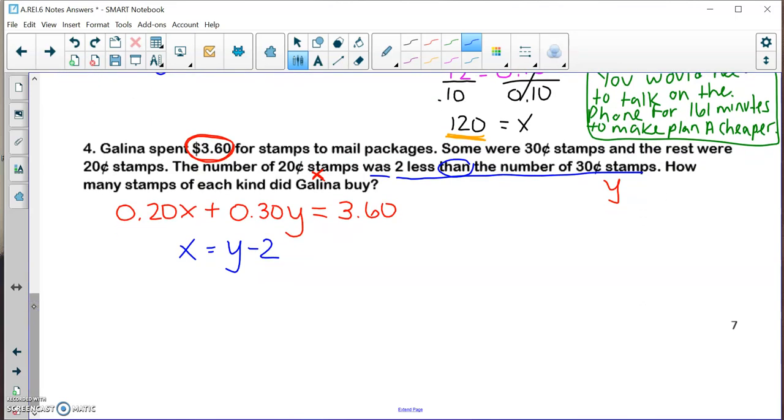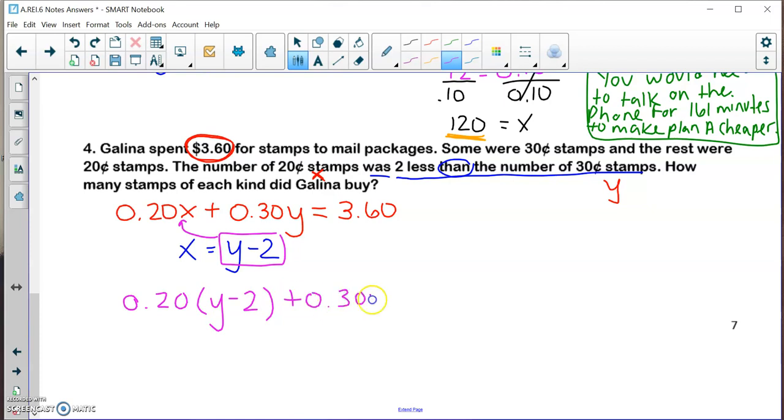All right, so now we are going to use the substitution method because it's already set up for us here. I'm going to put Y minus 2 in for X. So I have 0.20 times Y minus 2 plus 0.30Y is equal to $3.60.